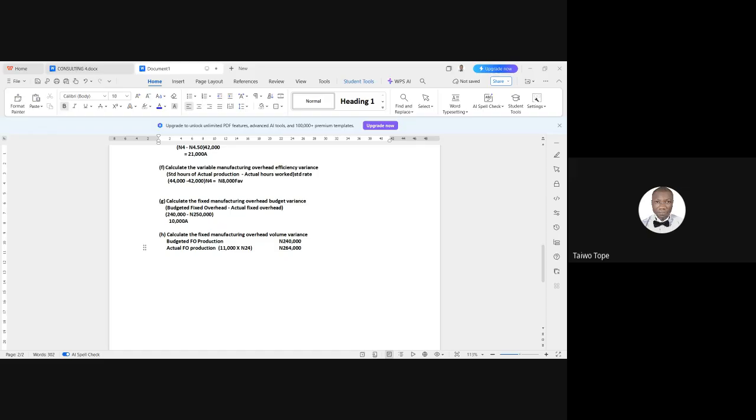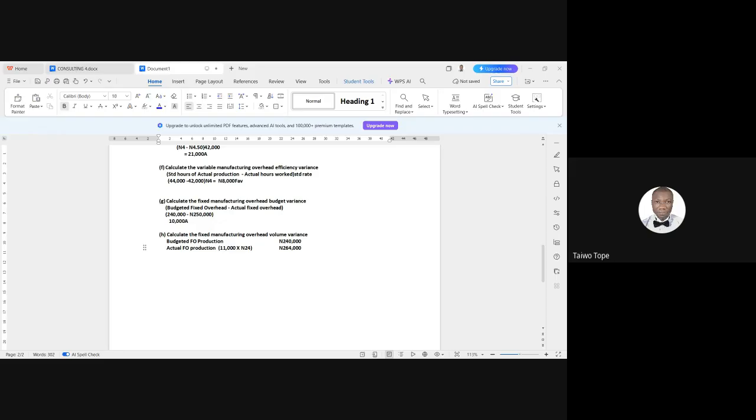So when interpreting your fixed manufacturing overhead volume variance and your actual result is greater than your budgeted, it shows that it is a favorable variance. Because your fixed cost is 20,000 based on the value of your machine, and your machine should produce, let's say, 10,000 units, and you've ended up producing 10,500.